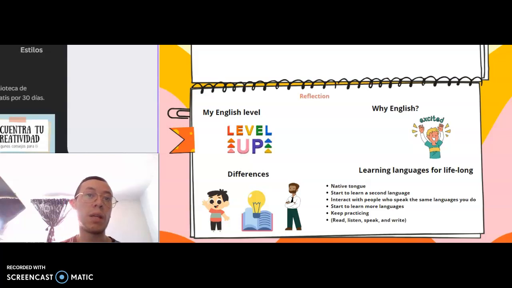Maybe dramatic stories, or maybe fantasy comics or something like that, we can try to read or study this content in the different language that we are learning. So basically, that will be it in regards to learning a language. And yes, the most important thing is practicing. And yes, this is a lifelong activity, so we have to keep it up.